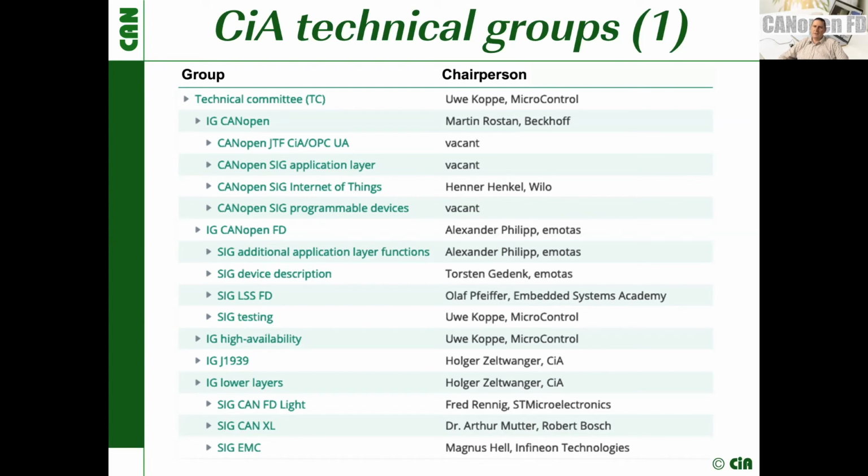We also deal with another flavor of CAN-based networking, the J1939. And we have another group that is dealing with lower layer issues, accompanying the development of next CAN generations, such as CAN-FD Light or CAN-XL. So this group chaired by our managing director, Mr. Holger Zeltwanger.